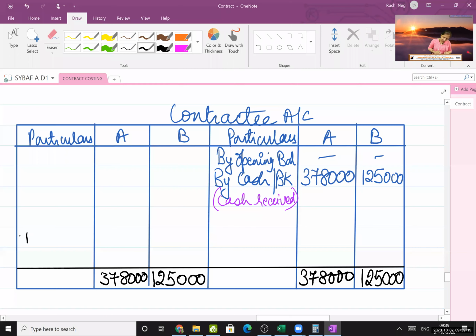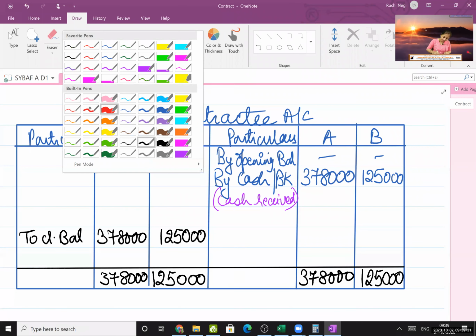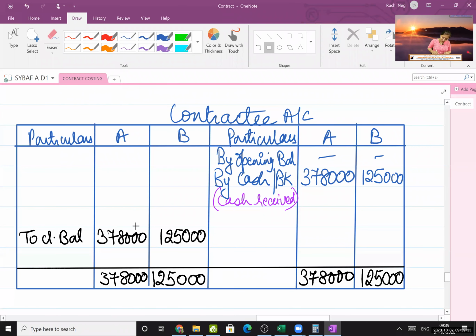Take the balance, closing balance. 3,78,000 and 1,25,000. Okay. Note this down quickly.